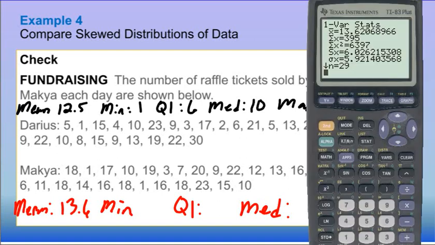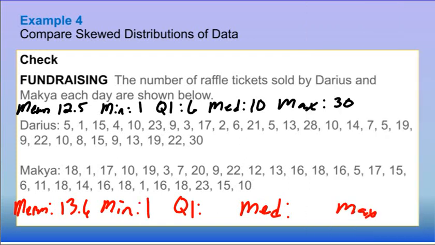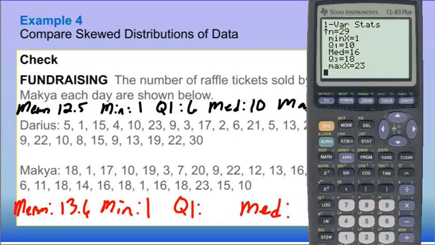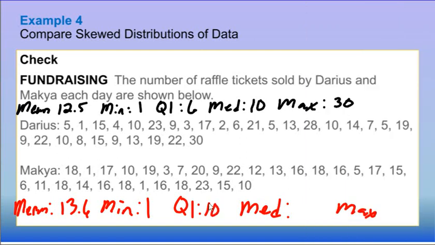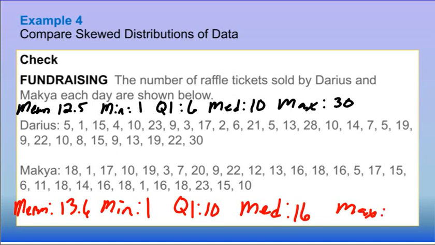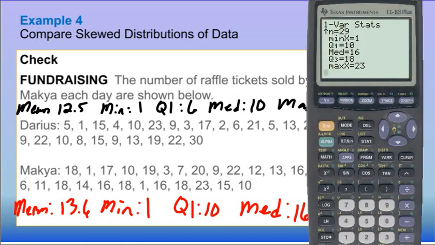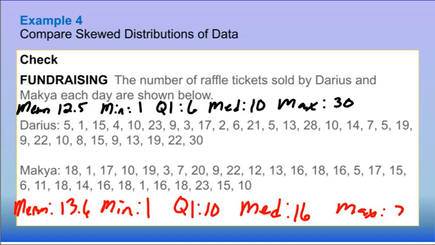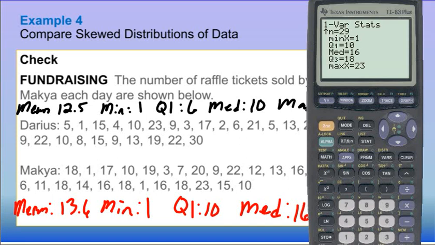And our 5-number summary: minimum is 1, quartile 1 is 10, the median is 16, the max 23, and quartile 3 is 18.